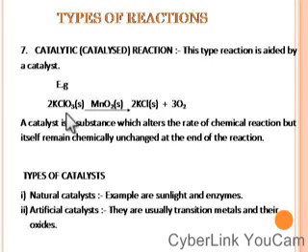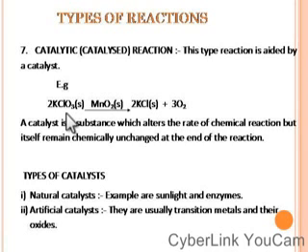We have some reactions that proceed in the presence of light. Those types of reaction, we call them photochemical reactions. For example, when a mixture of hydrogen gas and chlorine gas react together, this type of reaction takes place in the presence of sunlight to produce hydrogen chloride gas.